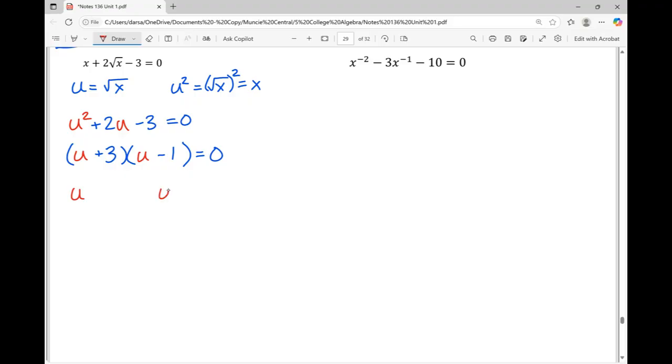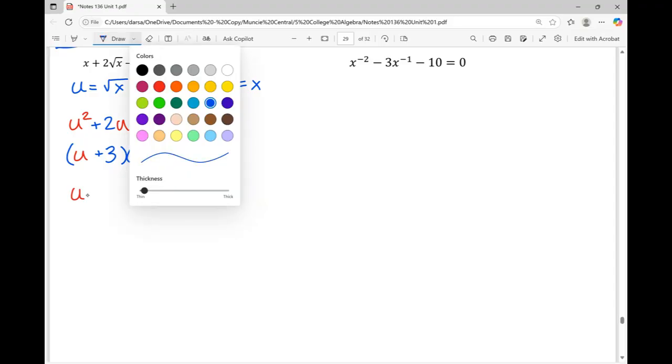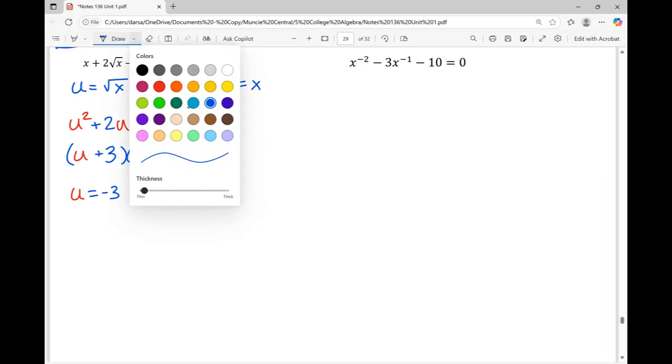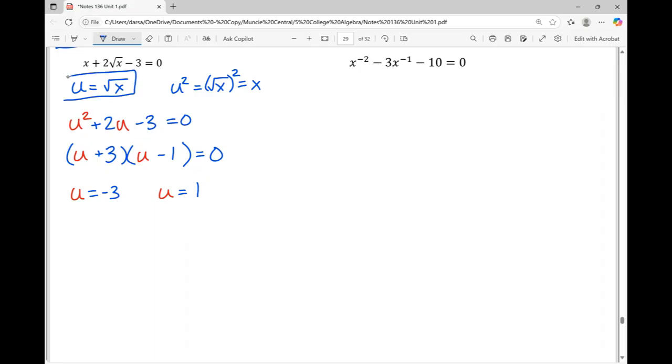Setting each of these factors equal to 0, we're going to get that u is equal to -3 and u is equal to +1. But remember, it's not all about u, it's about x. And remember, in our original question here, u was equal to the square root of x.